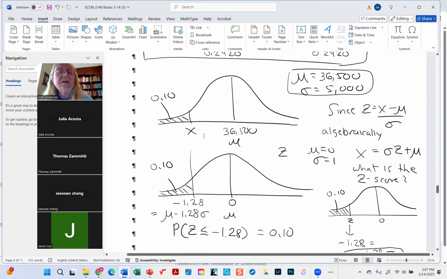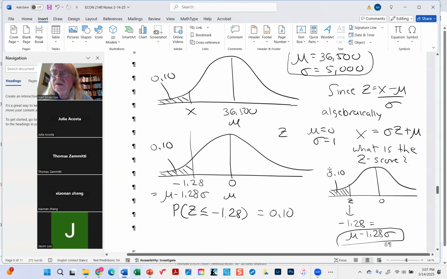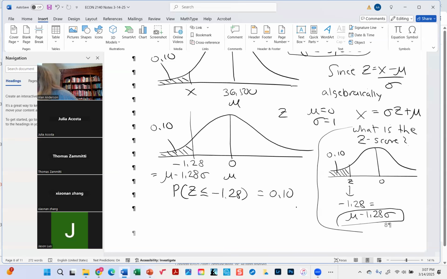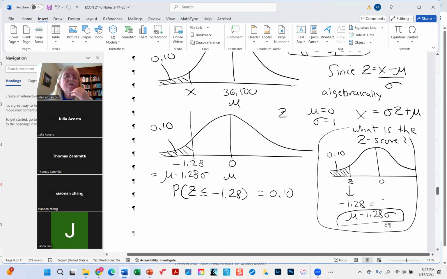We can start by calculating a z-score. And if we do that, let's come down here. We need to go to the normal distribution and say, well, listen, what is the cutoff point between the lower 10% and the upper 90%? How in the world do we do that? Well, what we do is we introduce a new function on the calculator.